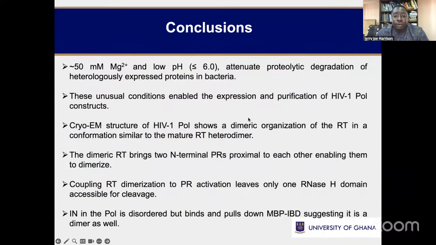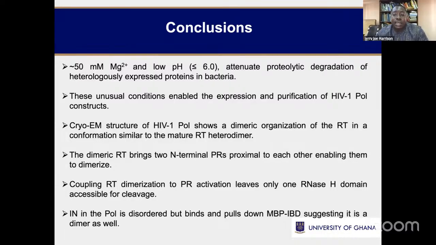So to conclude, I hope I have convinced you that adding 50 millimolar magnesium and changing the pH of the medium to 6 actually attenuate proteolytic processing of heterologously expressed proteins in bacteria.